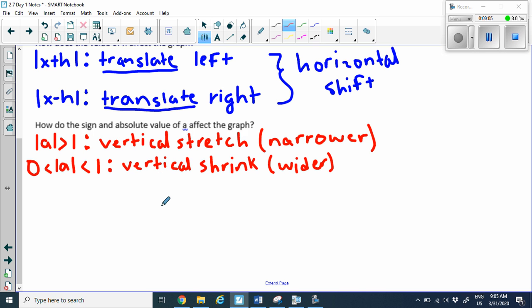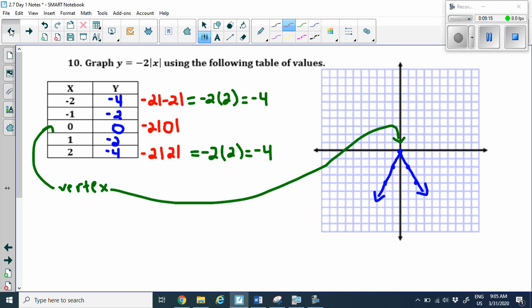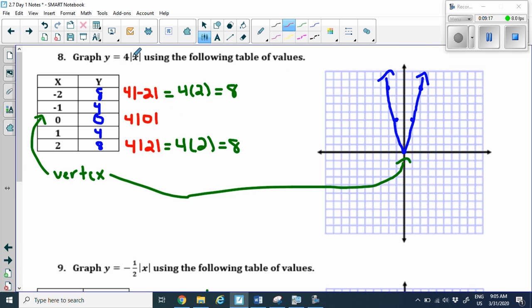Now let's talk about what a vertical stretch really means. If we think vertically, that means up and down. So if we go back to those problems that we graphed, what is really happening when we have a vertical stretch, which this is in this case because 4 is greater than 1? 4 is what we call our slope, and we'll talk more about that when we actually graph these absolute value functions.